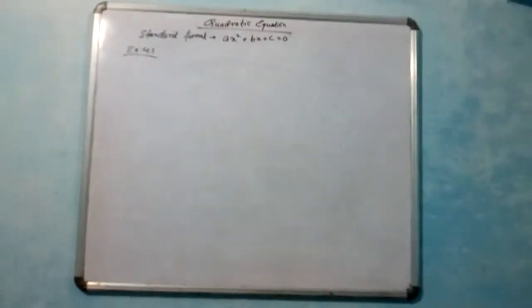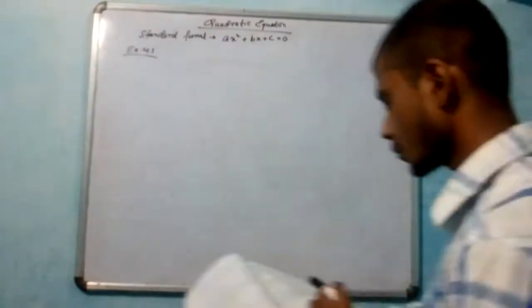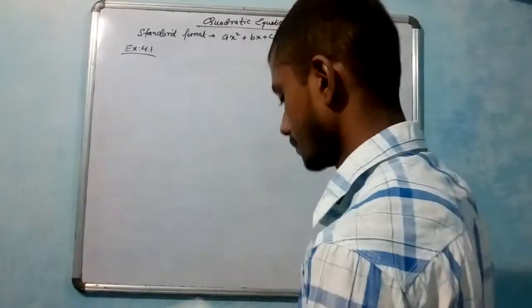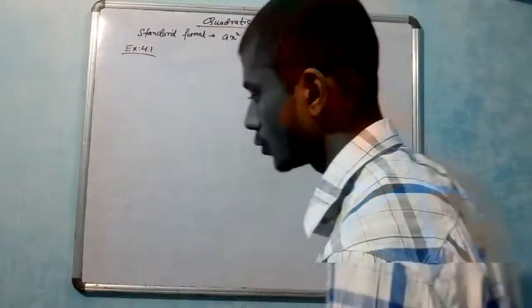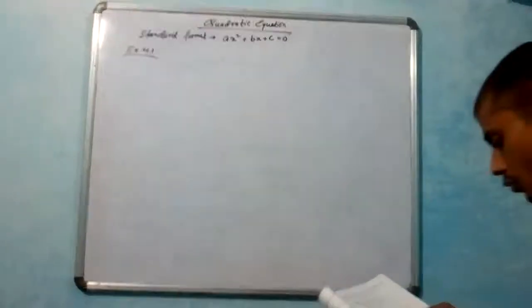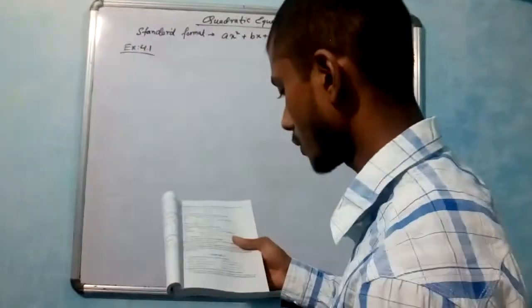Is it asking to solve that quadratic equation? No, it is not asking. It is only asking to convert the given situation into a quadratic form. Mathematically you suppose something and then convert into a quadratic equation.